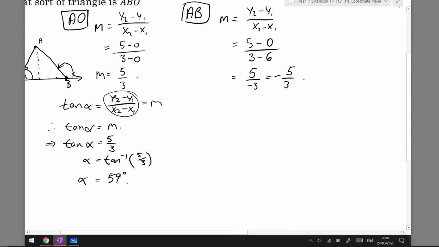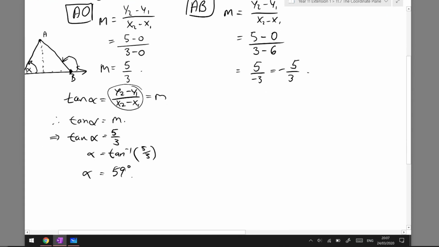So to work out the angle, we're going to do the same thing. We're going to go tan theta, or well, actually, we need to give it a name. That's an alpha, by the way, not a theta. Let's call it beta.